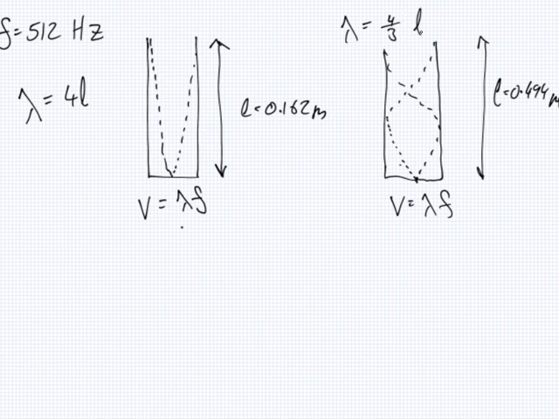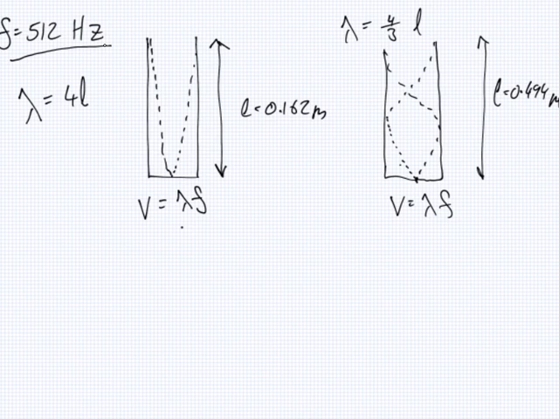So, tell me this. Why have they given us two pieces of information, if really we only need one? Well, we know the F. The reason is, if you look later in the questions, they ask for the end correction.